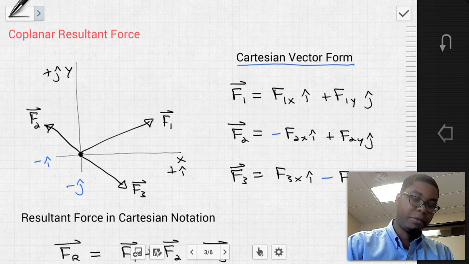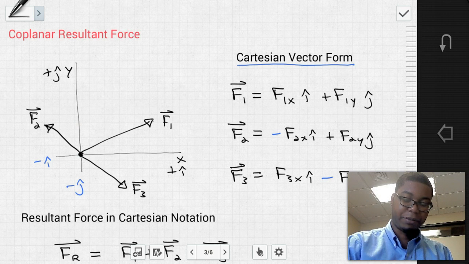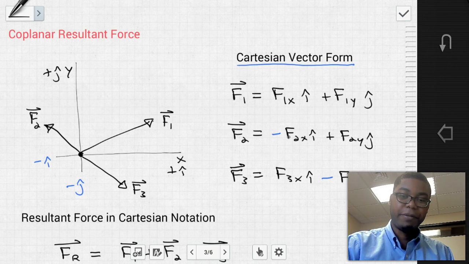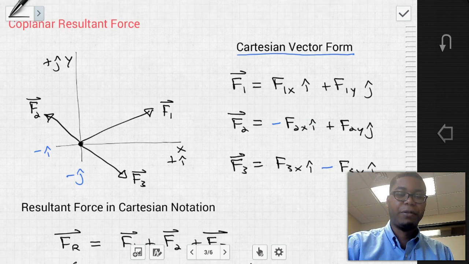If we were to decompose it, it would be in a positive j direction and a negative i direction. So then the Cartesian vector form for F2 would be vector F2 is equal to negative F2x in the i direction plus F2y in the j direction, where the negative sign from our Cartesian unit vector is applied within the Cartesian vector form.